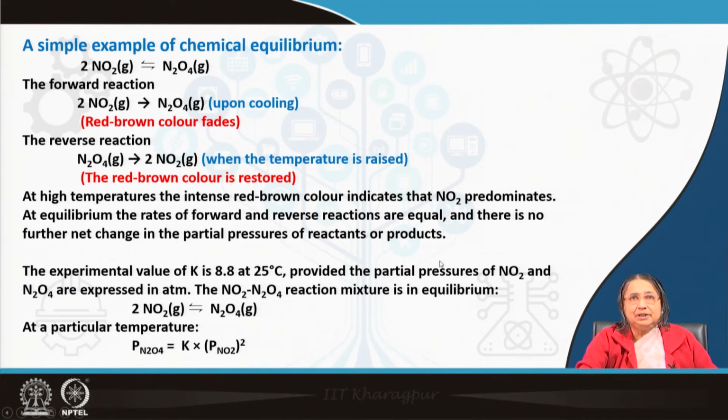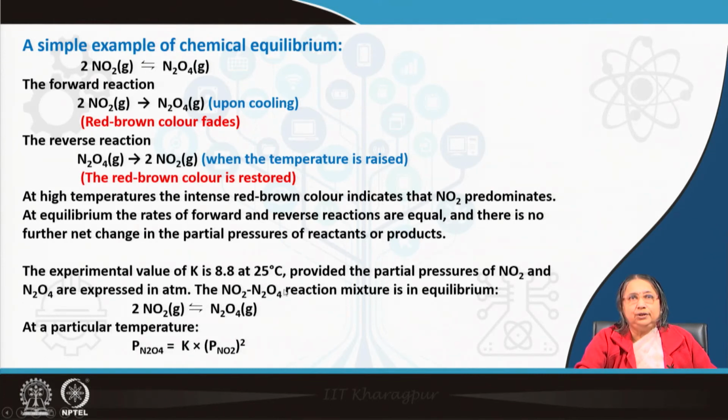Now, if we express both in terms of partial pressure, then this value is like that. If we express it in some other way, then maybe the K value will be different. Both NO2 and N2O4 partial pressures are expressed in atmospheres.